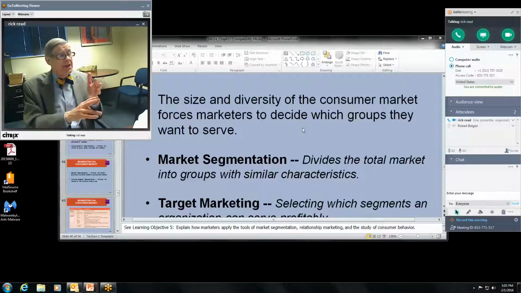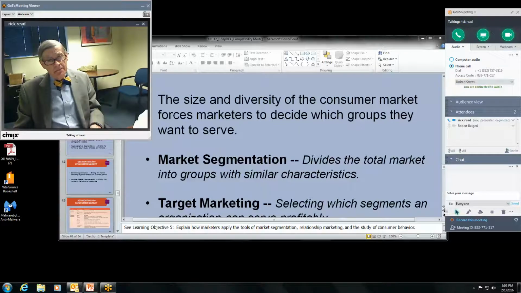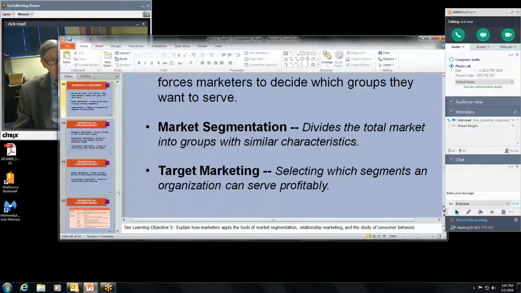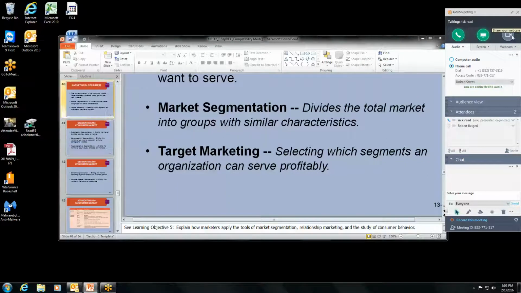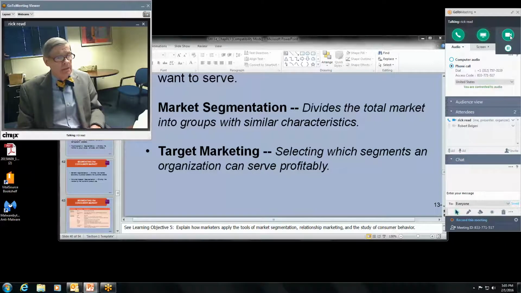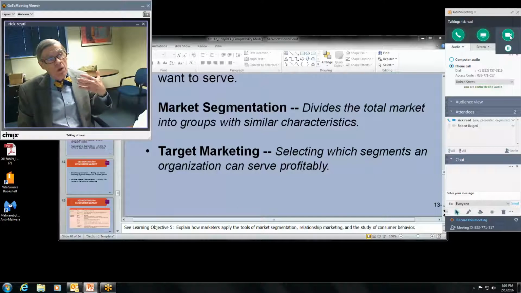Could be age, could be income, could be ethnicity, could be something else. And then the target market, or target markets, is selecting the segments that we can serve most profitably.